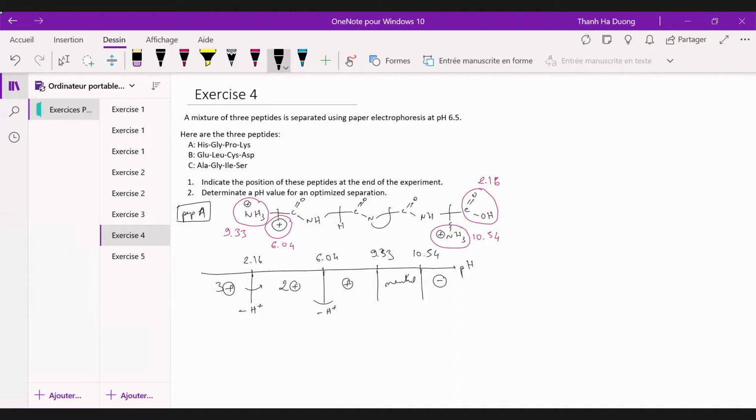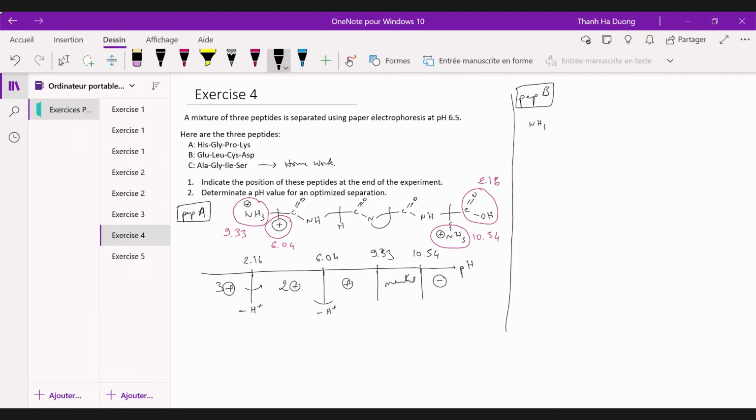So I will do the peptide B with you, and as homework you will do the peptide C, okay? Okay. So peptide B, you have glutamate.